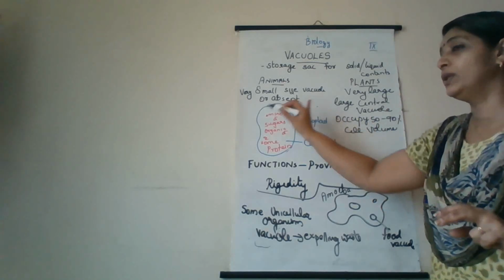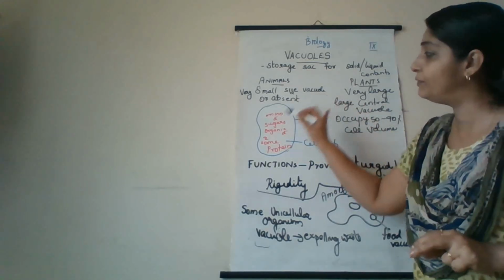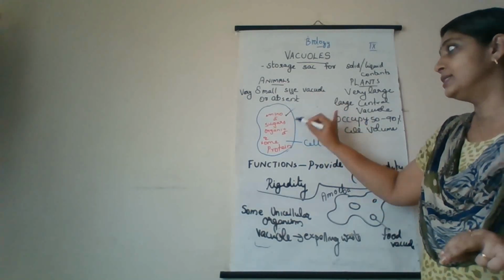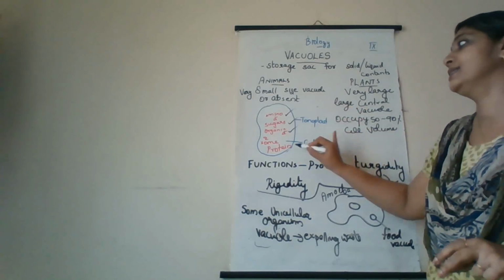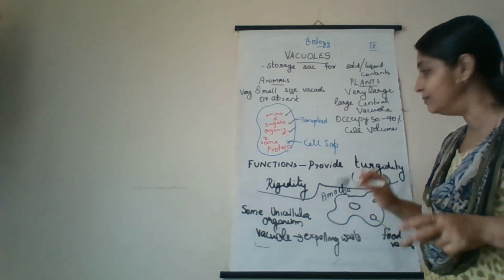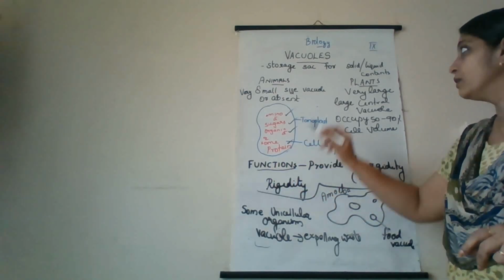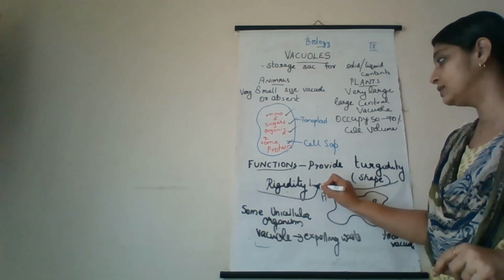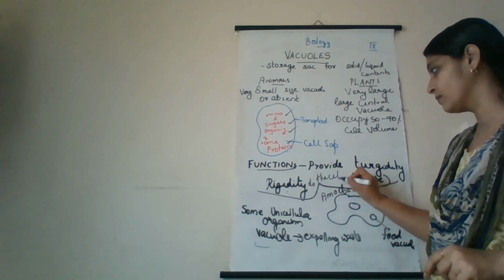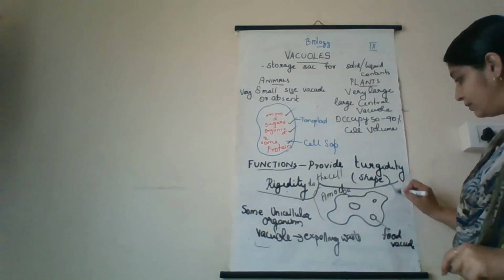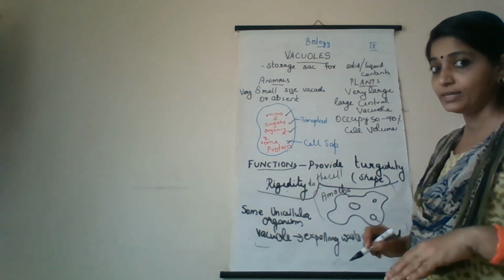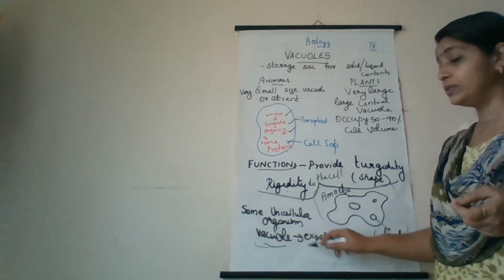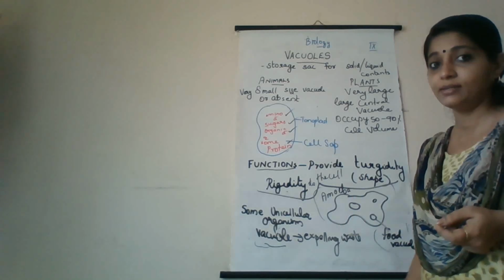It has an outer membrane called the tonoplast, and within that is the cell sap, which has amino acids, sugars, organic acids and some proteins. Vacuoles provide turgidity and rigidity to the cell. Amoeba have food vacuoles which help in food digestion, and some other unicellular organisms have vacuoles for expelling excess water and waste material.